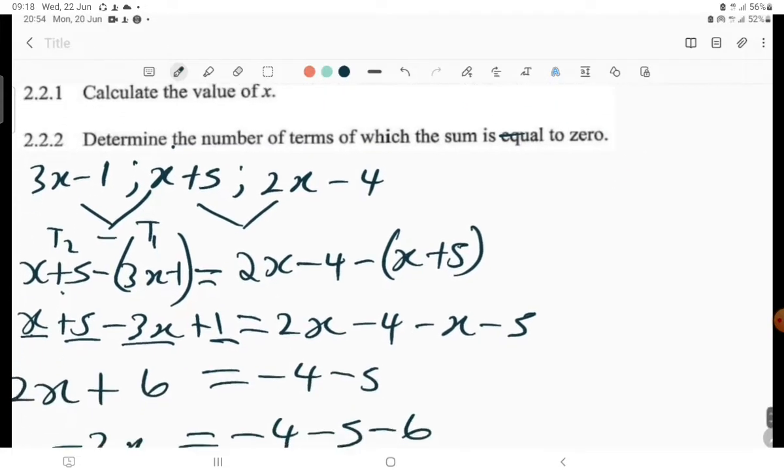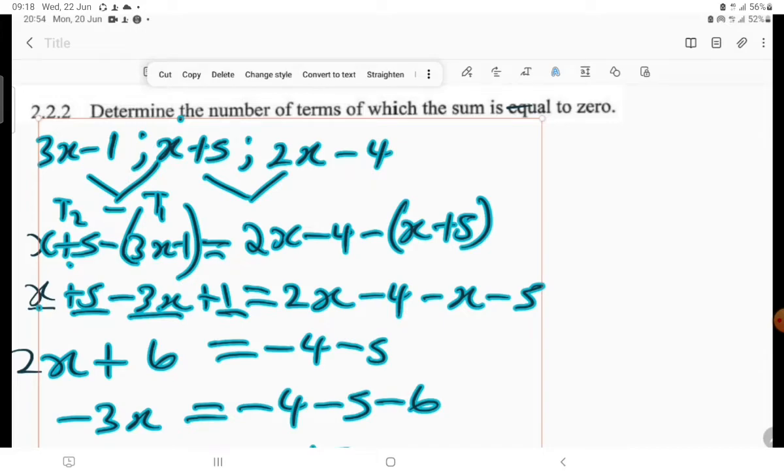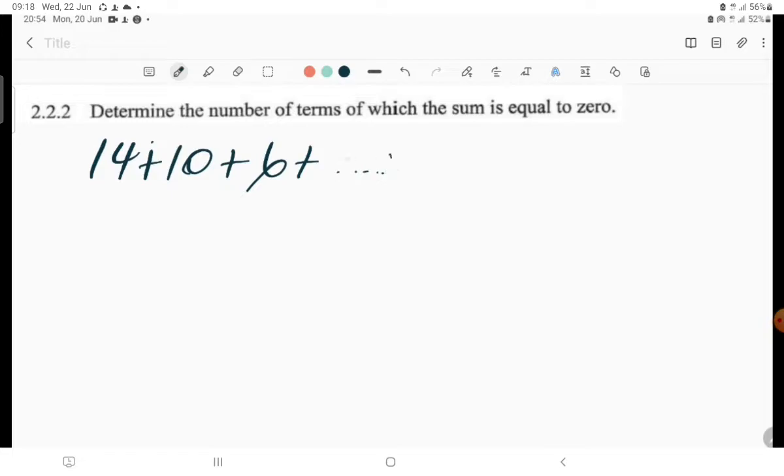So the question now says, determine the number of terms for which the sum is equal to 0. So we have these terms, which is 14, 10, 6, which is 14 plus 10 plus 6, then of course plus 2, and continue that way.